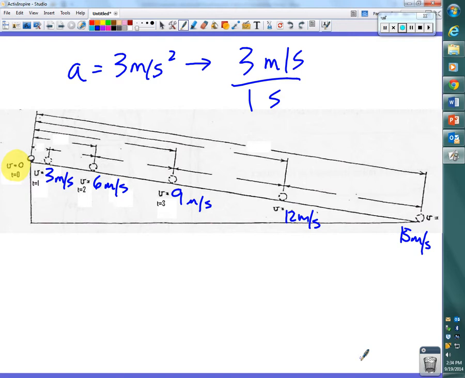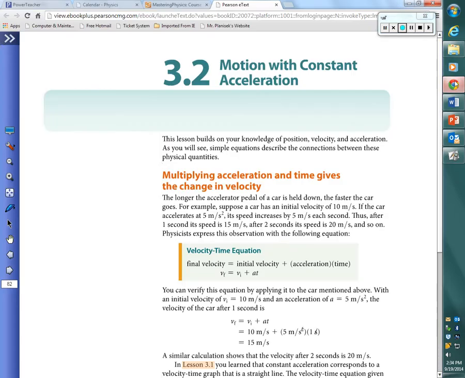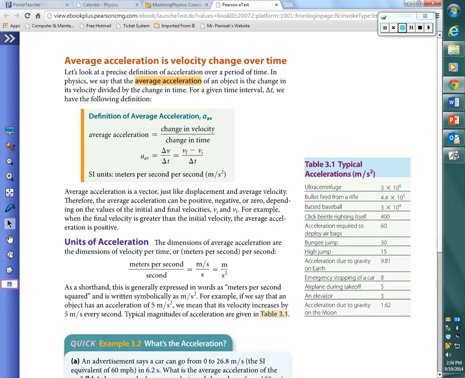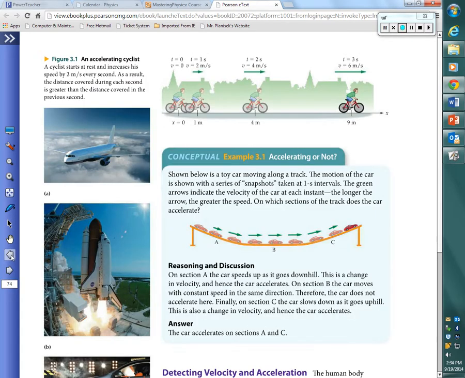But you may remember, and if you don't, I should just show you, that on page 74, up at the top, here's this guy riding his bicycle, and the successive pictures keep getting farther and farther apart. But here, at t equals 0, we have a velocity of 0.